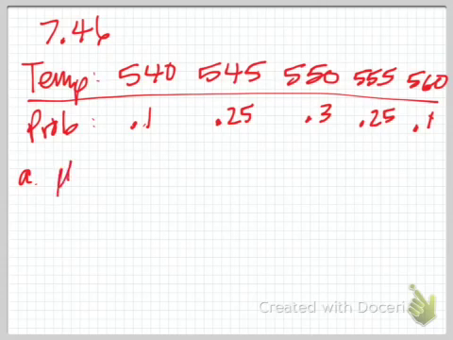And if we're going to find the mean of x, or mean of the temp, remember we just take those outcomes, multiply them by their probabilities.